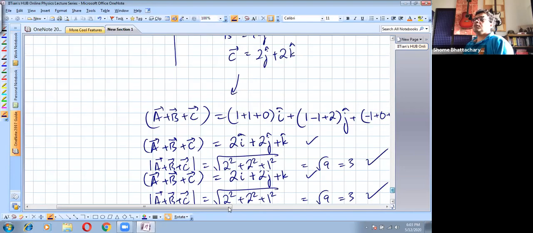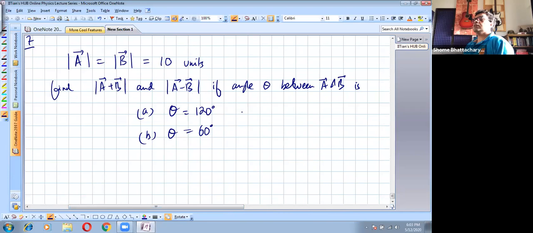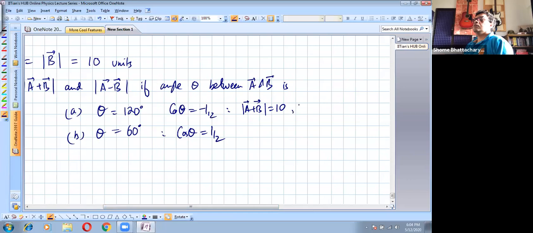So this is formula based. You substitute cos theta in this case as minus half, and in this case cos theta becomes plus half. In this case you get mod a plus b as 10 and mod a minus b as 10 root 3.